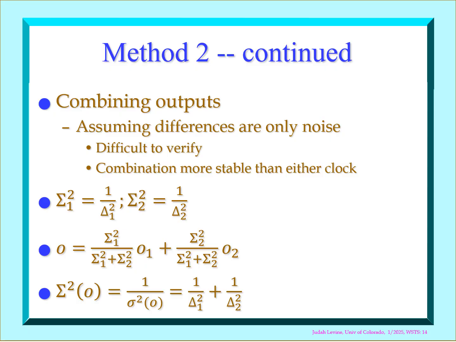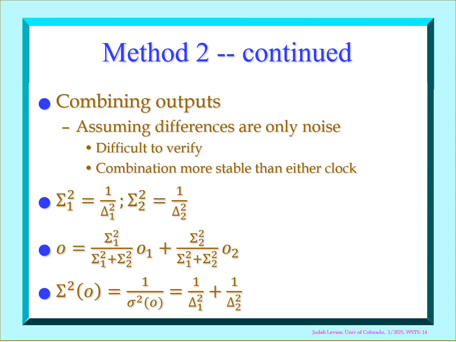Now I can combine the outputs. If I think the difference is purely noise, then I can combine the outputs. And the usual way of combining the outputs is to take the weighted sum of the two values, where the weights are determined by the prediction errors. So I say that a clock which had a small prediction error, a small delta, was able to predict the difference very well, and therefore it's a trustworthy clock.